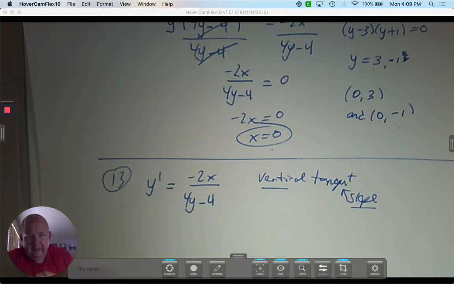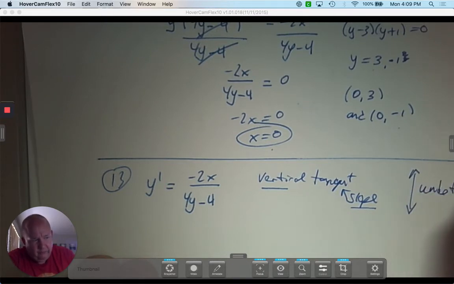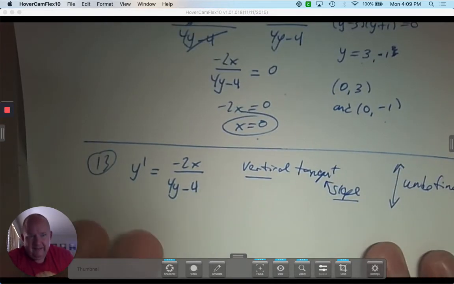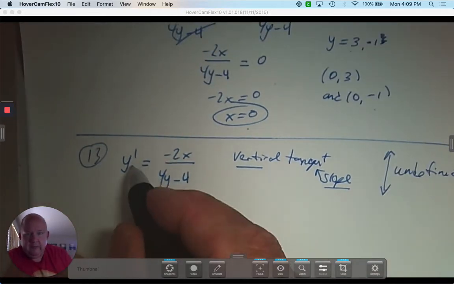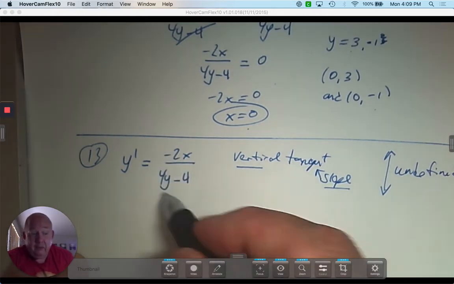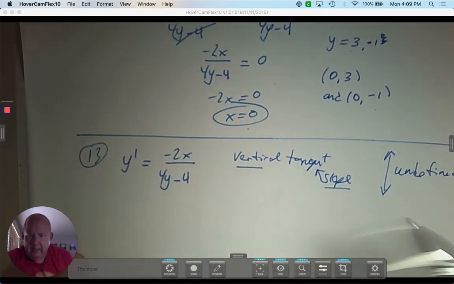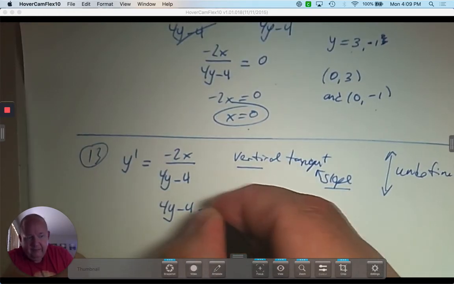What is the value of a vertical slope? For a vertical line, we need to remember, the slope is undefined. So in other words, what value for y would make this undefined? How do you know when this is undefined? It's when the denominator is equal to 0.